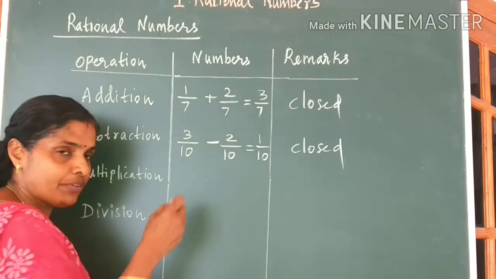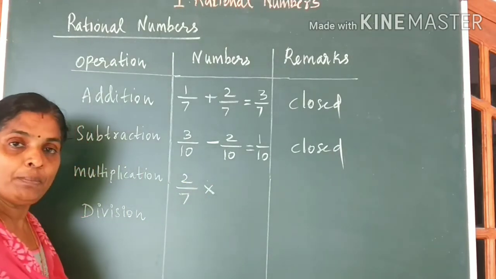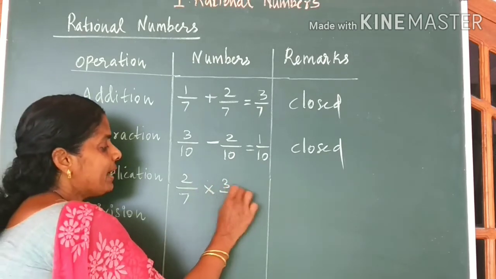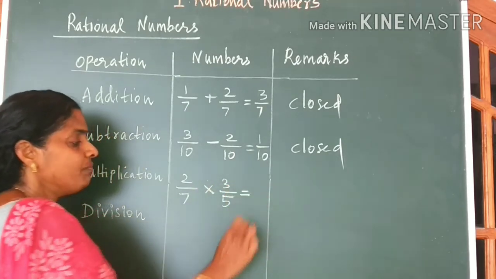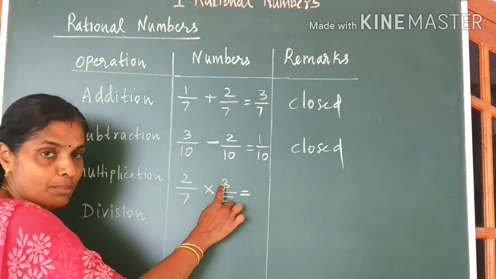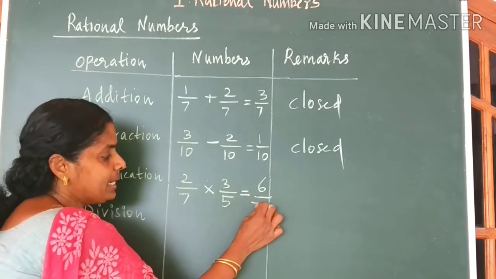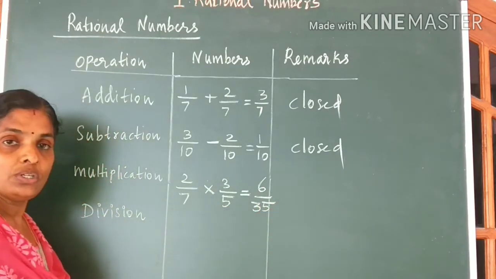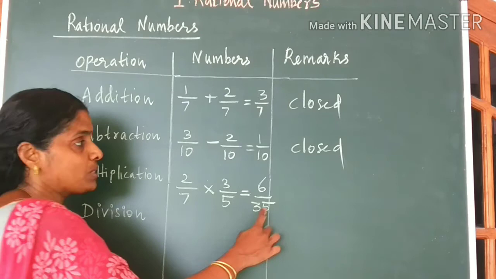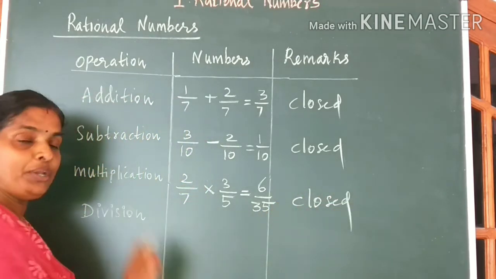Take for example any rational number, 2 by 7. Let me multiply it by 3 by 5. You know, when you multiply the numerator with numerator, you get 6. Denominator with denominator gives you 35. So this is again a rational number. So we can say it is also closed under multiplication.